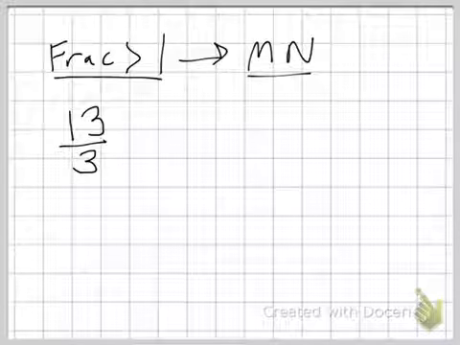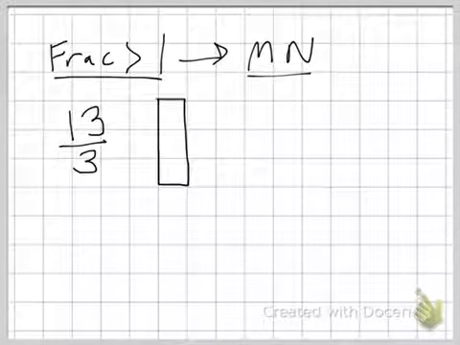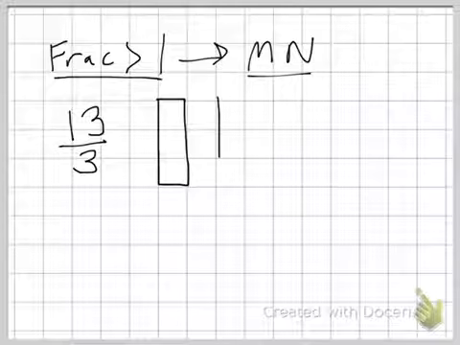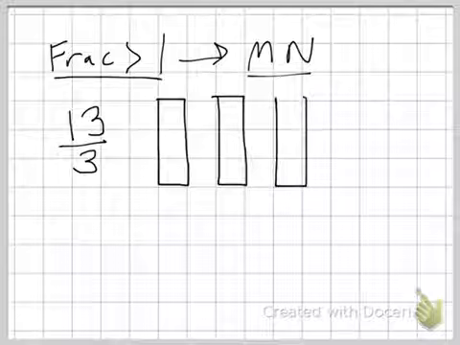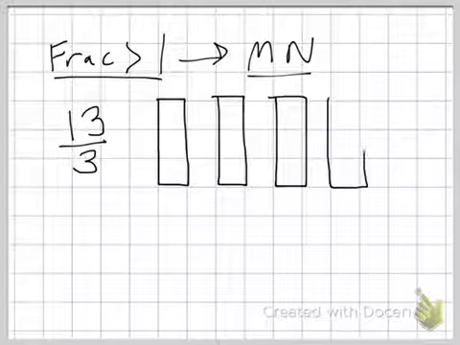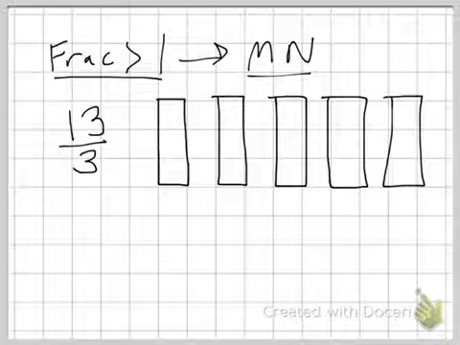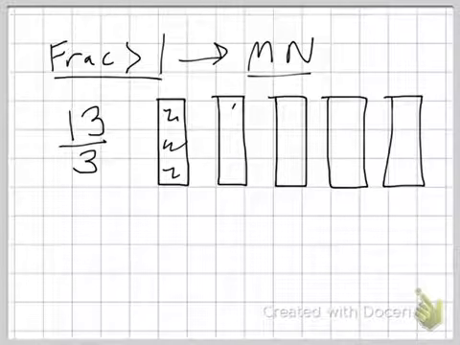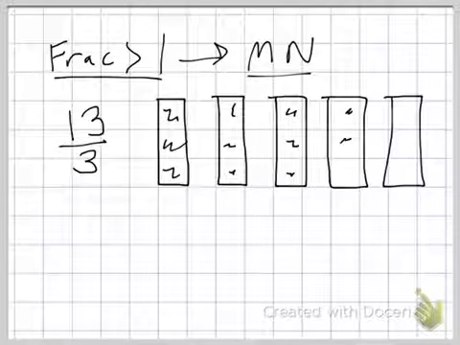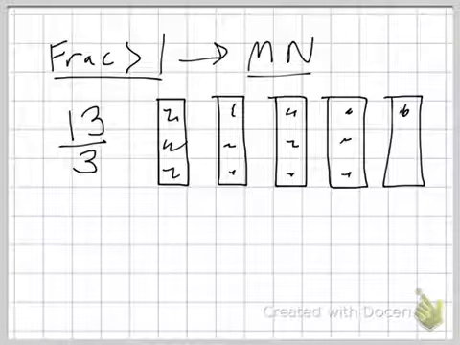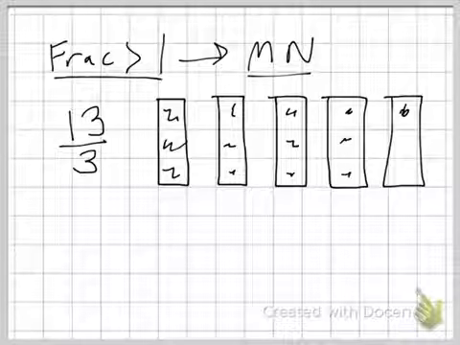So 13 thirds means that I have something that is split into thirds. That's why I'm using 3 boxes, and I have 13 of these boxes that are shaded in. So I have 1, 2, 3, 4, 5, 6, 7, 8, 9, 10, 11, 12, 13 pieces that are all worth 1/3.